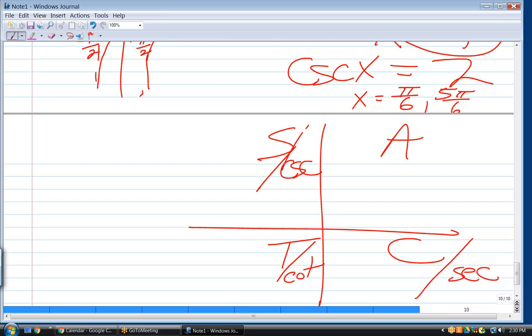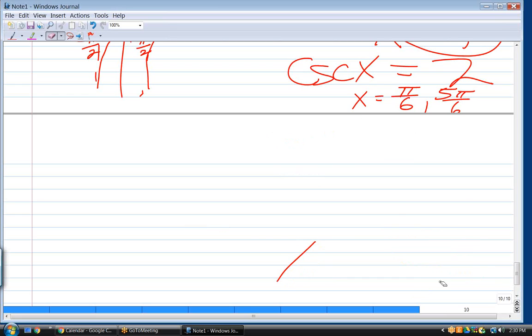If sine is negative, cosecant's negative. The reciprocal has to have the same plus or minus sign, by definition. So you can still use All Students Take Calculus to figure out the sign on these secondary trig functions. In this case, we're looking for where cosecant is positive. That's the same as looking for where sine is positive, and that's the first and the second quadrant.